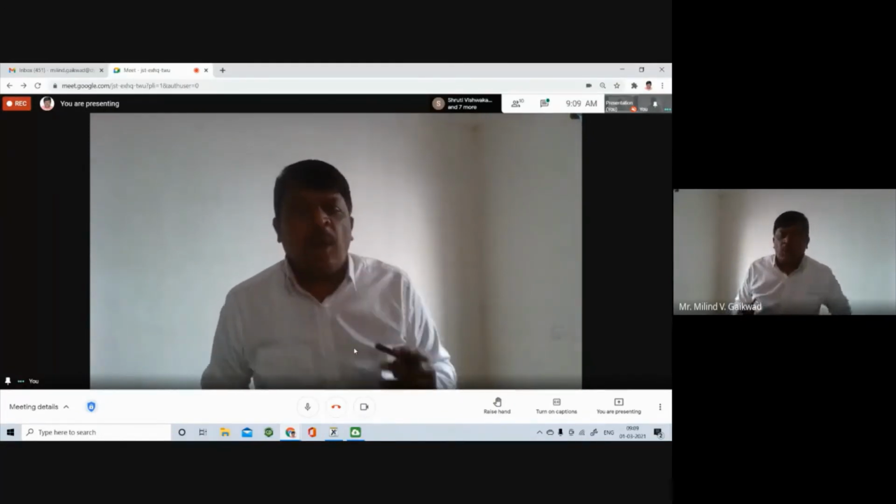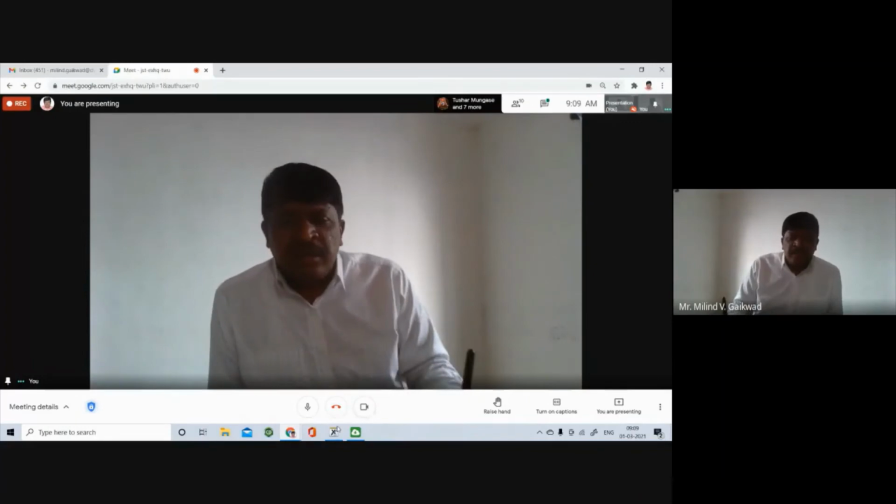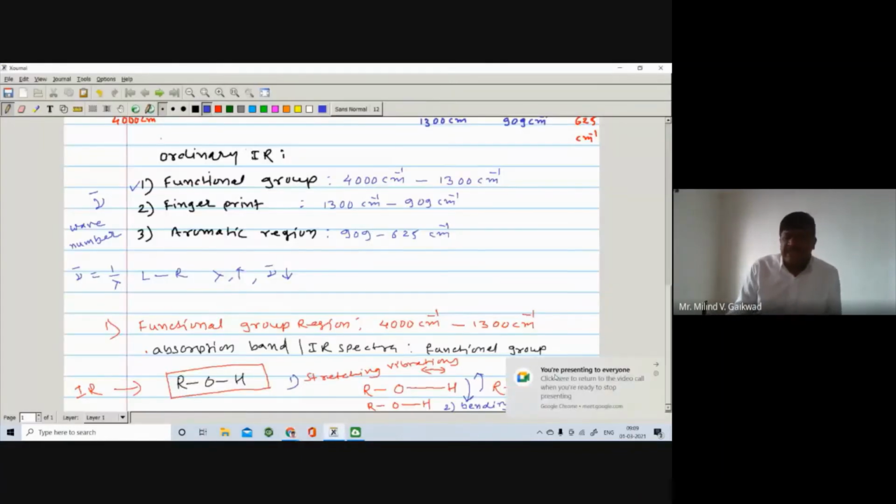Now here, in this case, there are two types of vibration, stretching and bending. The same OH bond undergoes both stretching and bending, so you may get two types of bands due to OH, or any other bond.